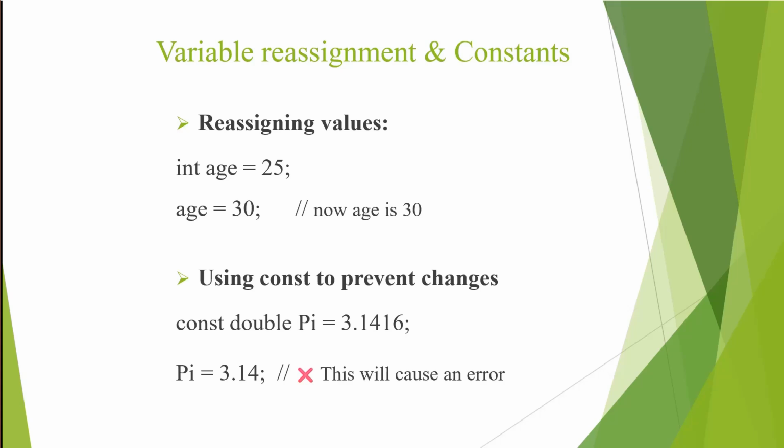However, sometimes we want to create a value that should never change throughout the program. In such cases, we need to declare it as a constant using the const keyword. Look here, we declare variable pi as a constant, and if we want to reassign a value to pi, like here, it will cause an error.